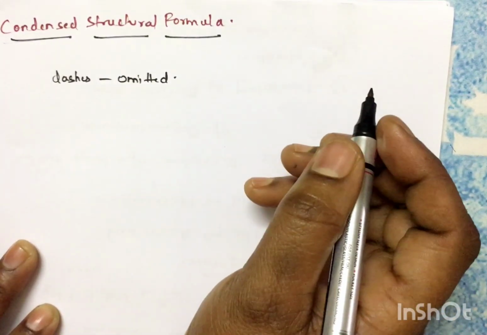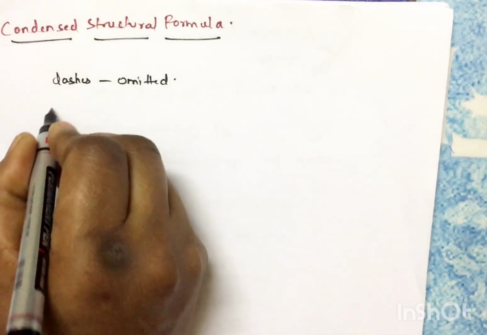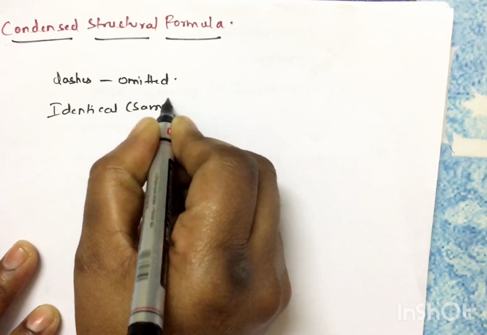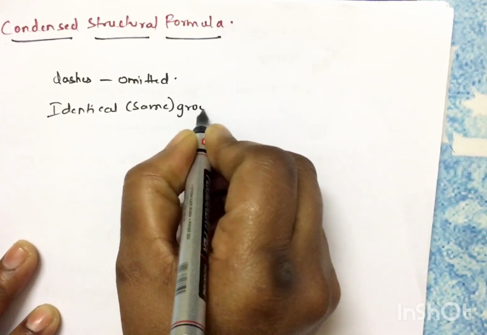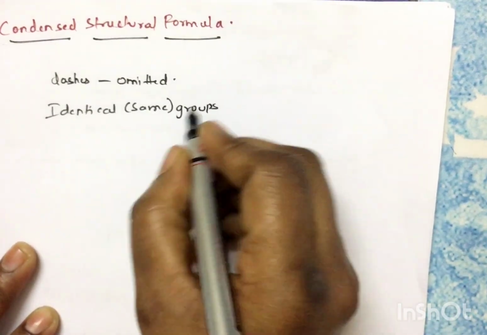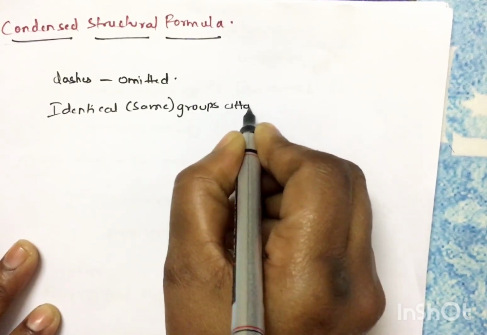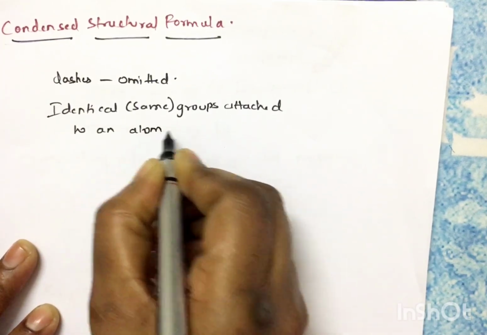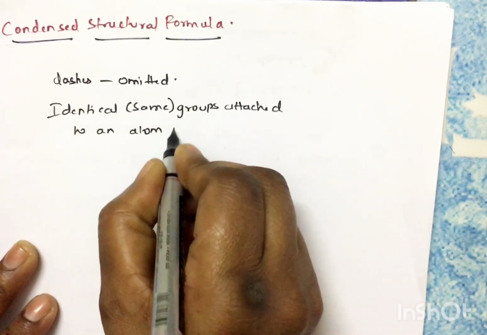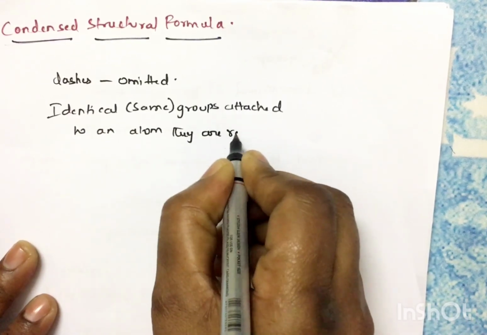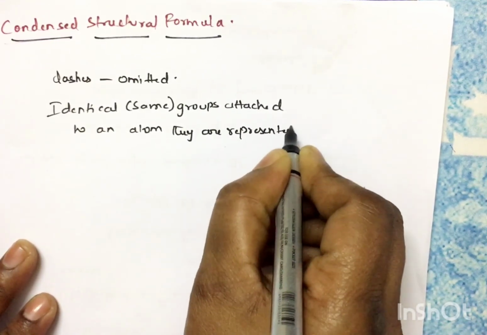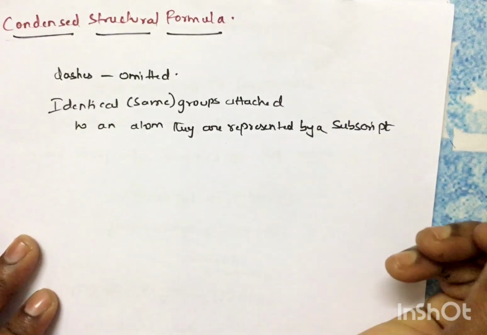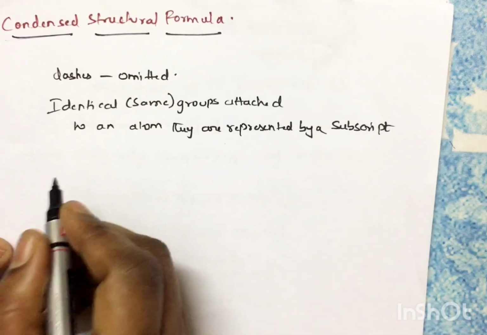If any identical groups are present, identical means the same groups, attached to a central carbon or any atom, then they are represented by a subscript.